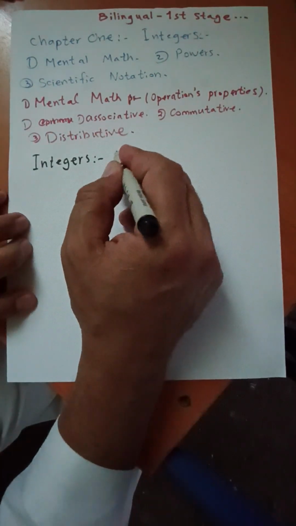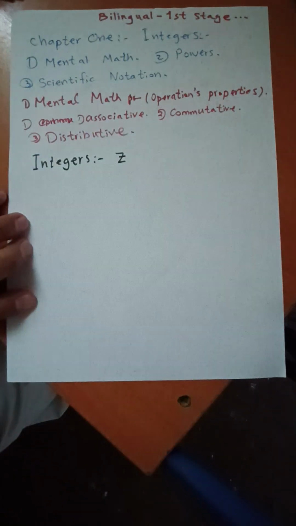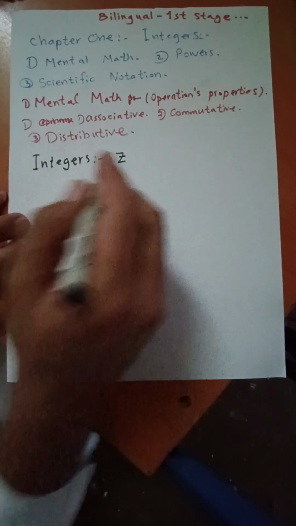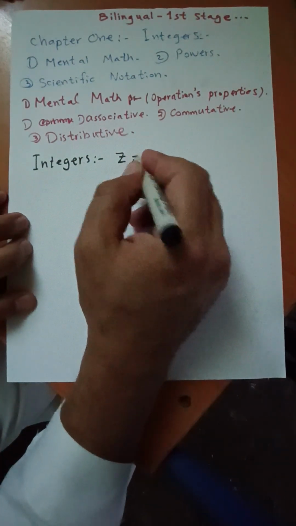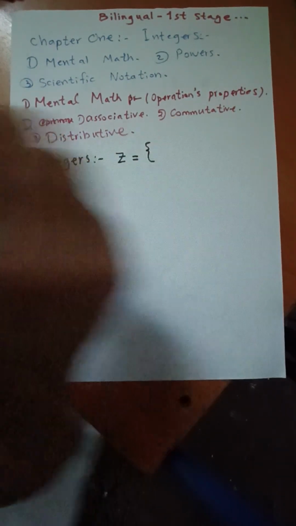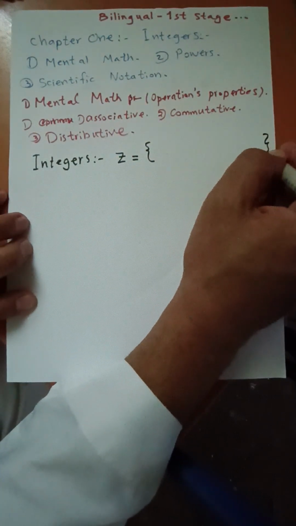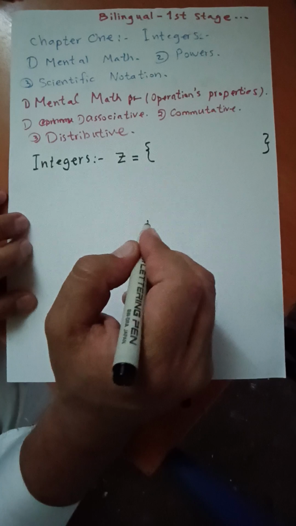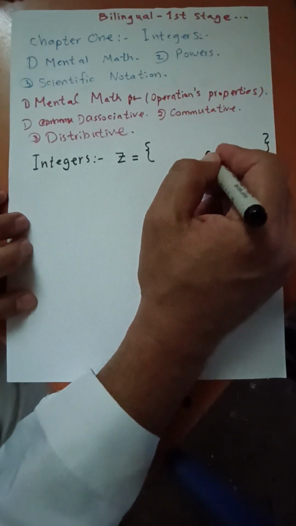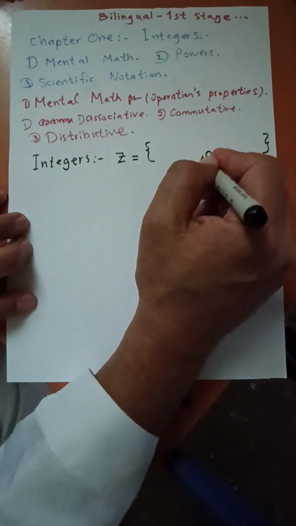Integers, notation as Z, is the set of whole numbers, denoted by Z. It is the set of all numbers, positive and negative numbers and zero. The center of them is 0.